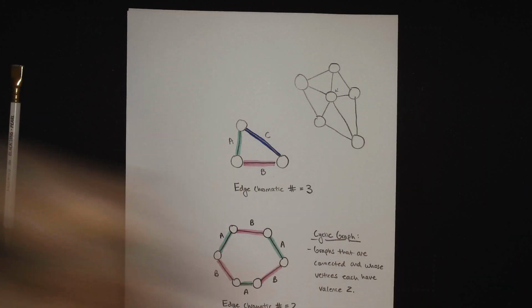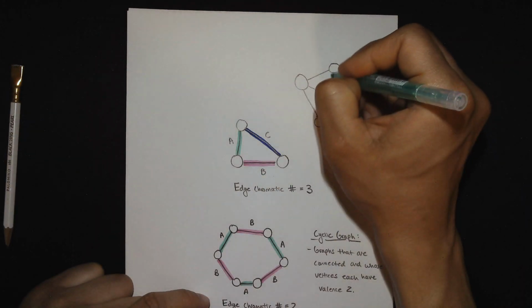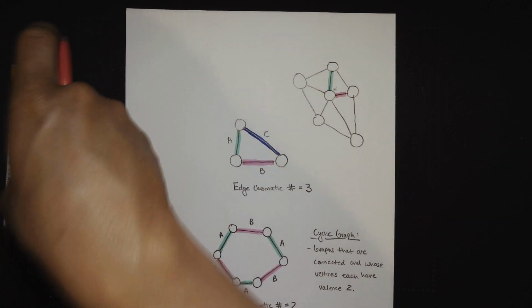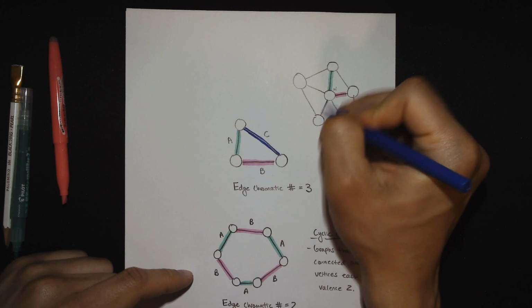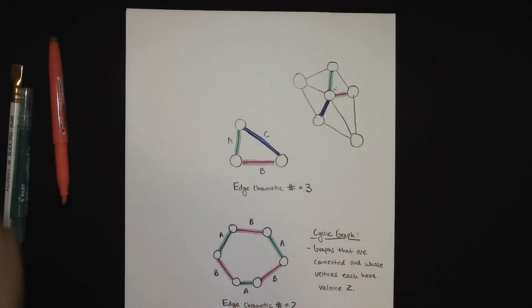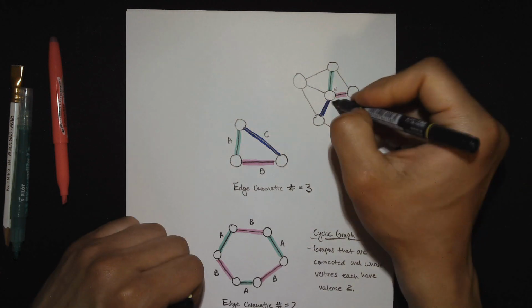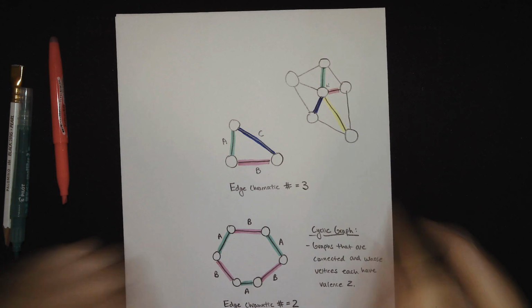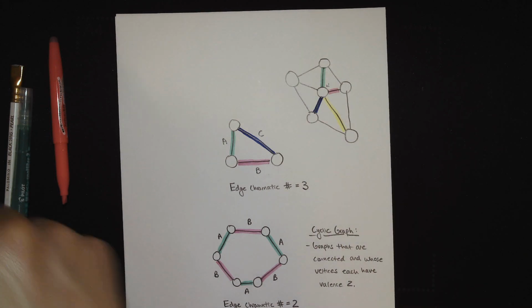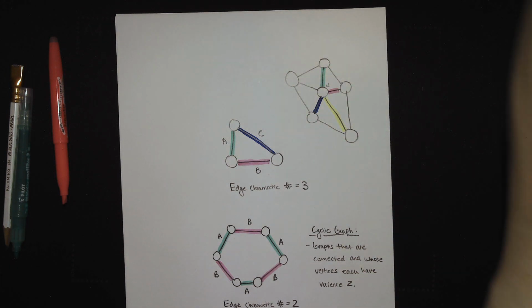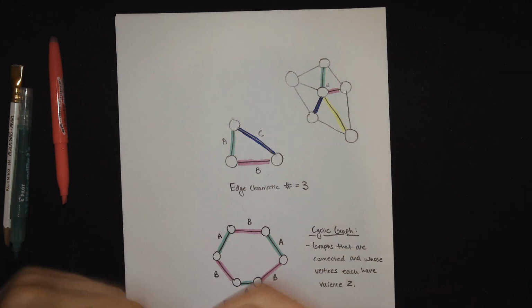So each of these edges touching this vertex need to have a different color / label. Hopefully that shows up. So kind of running out of colors here.